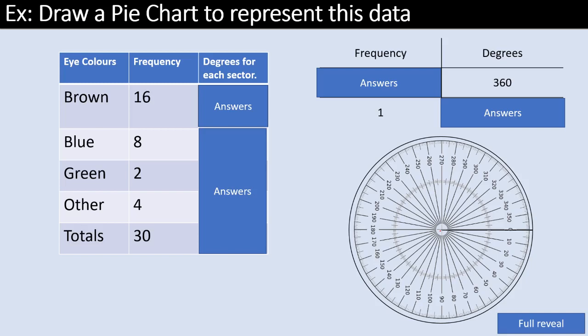Okay, now the first thing that we need to know is how many degrees should we have for one person. Okay, that is an absolutely crucial question. How many degrees for one person?